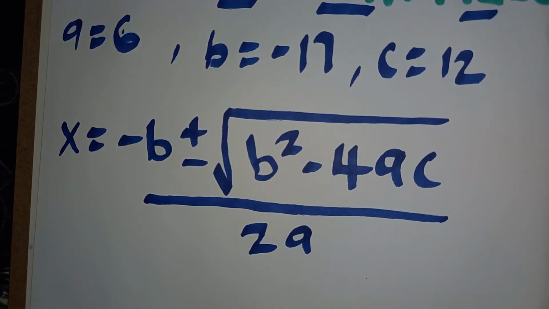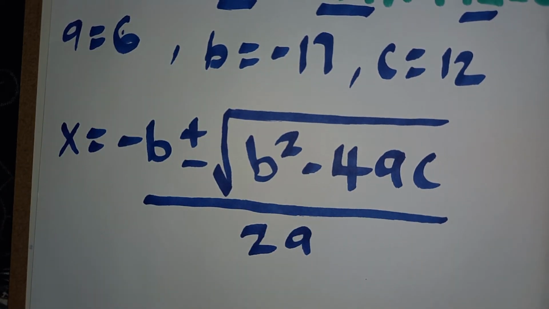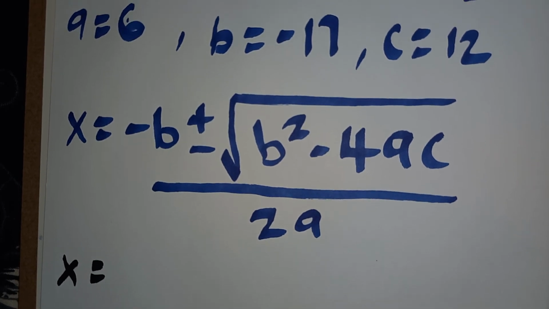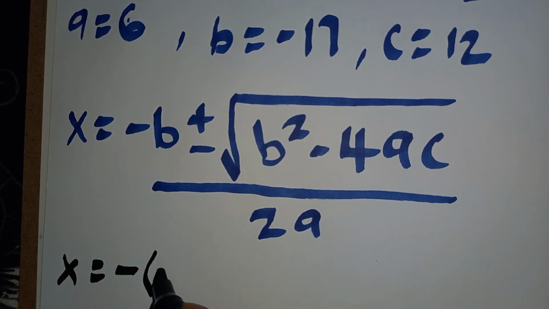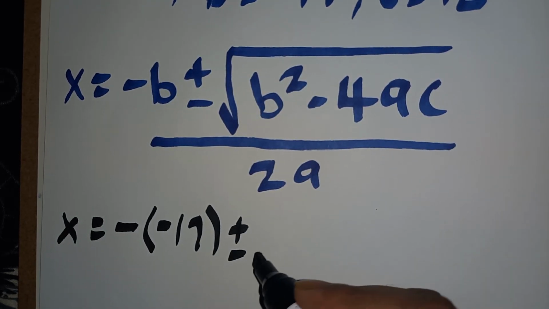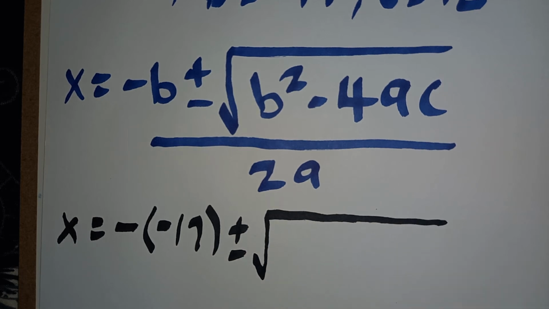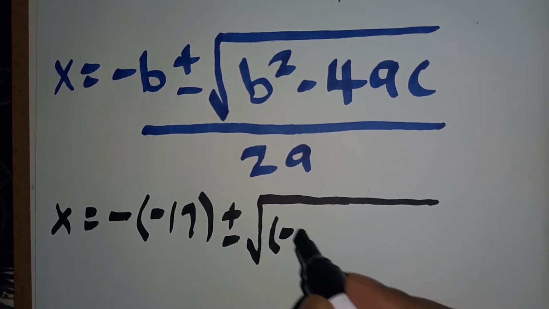Now what we will do, we are going to plug in all these values inside this quadratic formula. So that will be x is equal to minus b, and the value of b is negative 17, so negative 17 will go there. Then we have a plus minus according to the formula. Then we have a square root where you have b, so negative 17, and then square it.